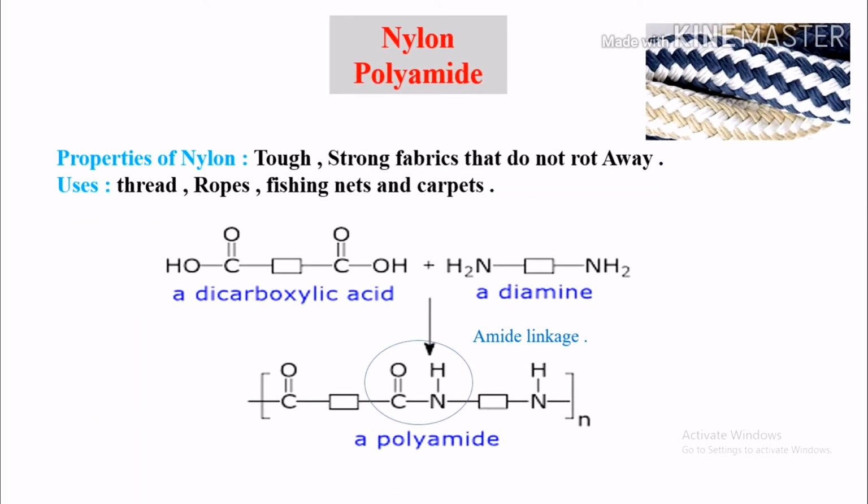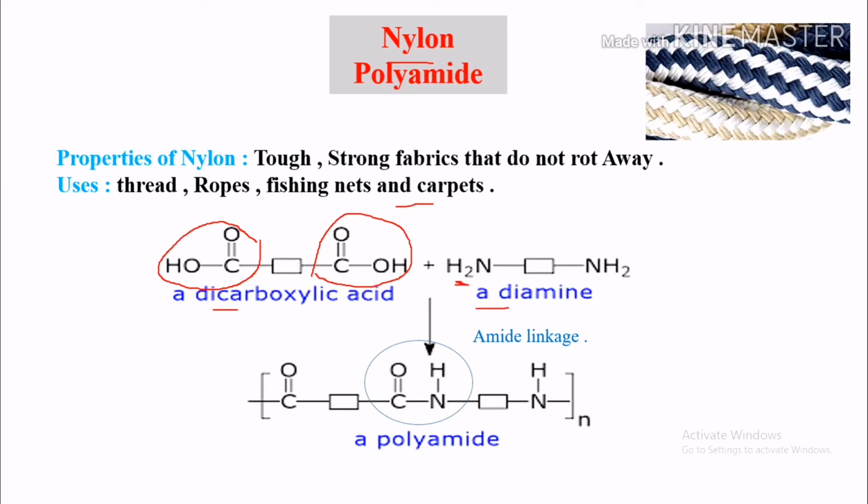Another type of synthetic polymers is nylon. Nylon or polyamide is a tough, strong fabric that doesn't rot away, used for making thread, ropes, fishing nets, and also carpets. In making nylon, we will react a dicarboxylic acid, a monomer containing two carboxylic acid functional groups, plus a diamine.